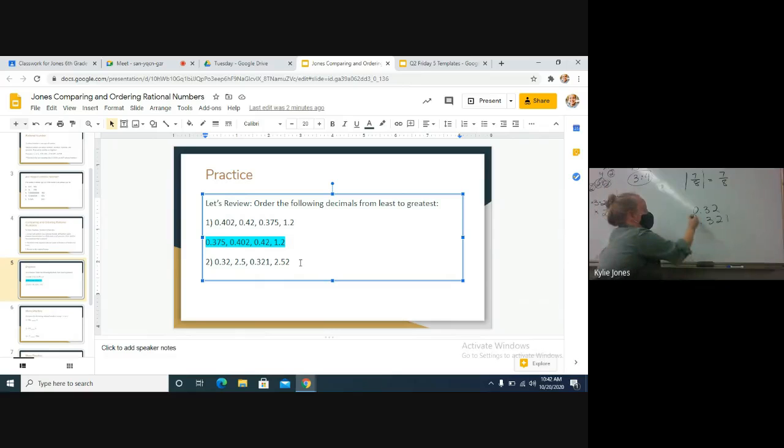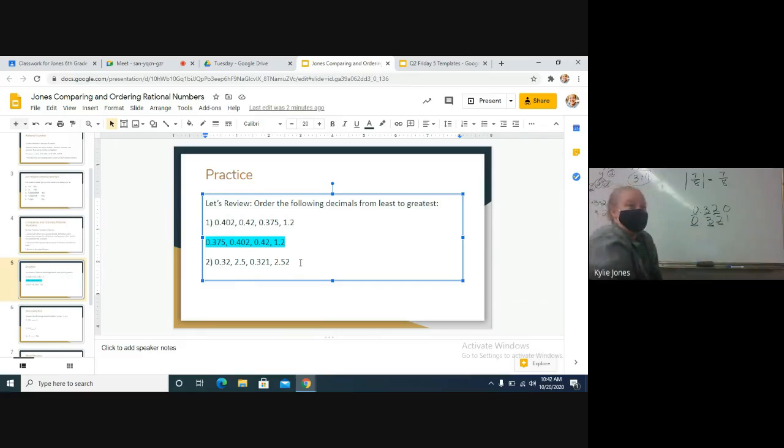Now, the zeros are the same. We can't compare those. Our next place value is the same. We can't compare those. The next one is the same too. But now there's not something else to compare. But what can I add at the end here that's not going to affect it? Good. A 0. So really, this is 320 and this is 321.